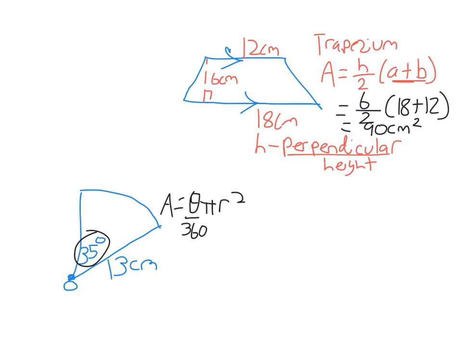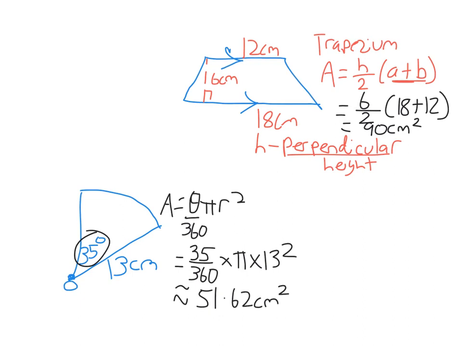So in this case, because the angle's 35 degrees, we have 35 over 360, 35 360ths of the circle, and we're just going to times that by pi times radius squared. And if you put that on your calculator to 2 decimal places, you get about 51.62. And of course, it's centimeters squared.